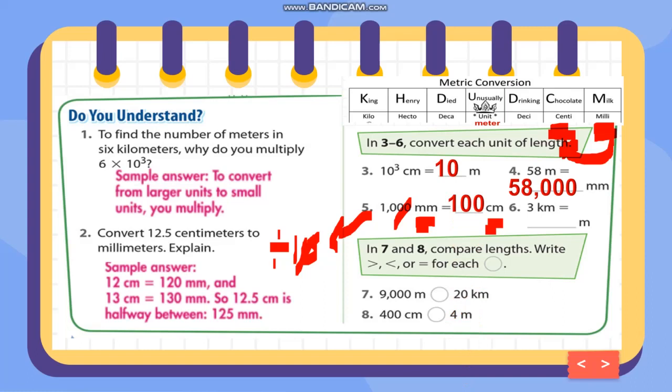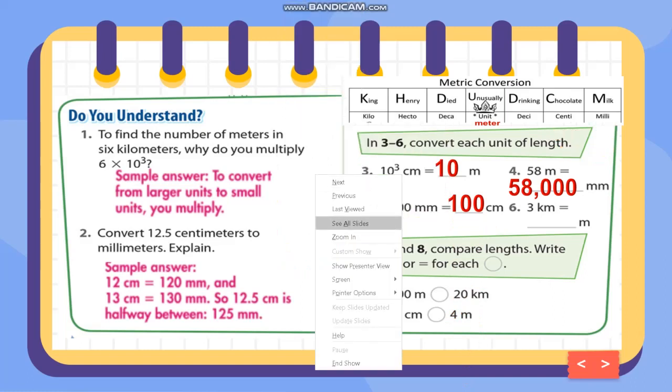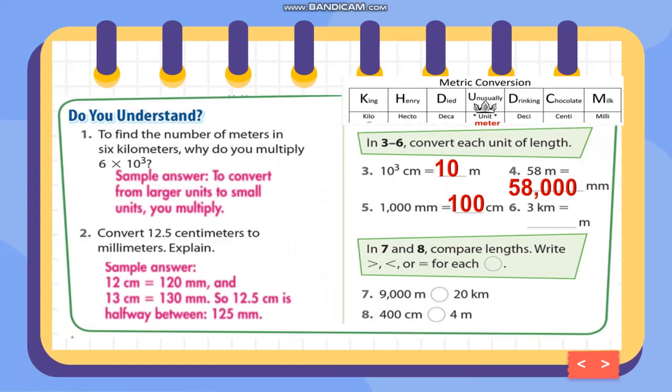Next, from kilometer to meter. So how am I going to answer that one? From kilometer to meter, this is kilometer, then this is your meter. So kilometer to meter is 1, 2, 3 movements.